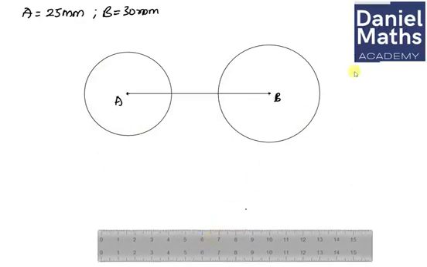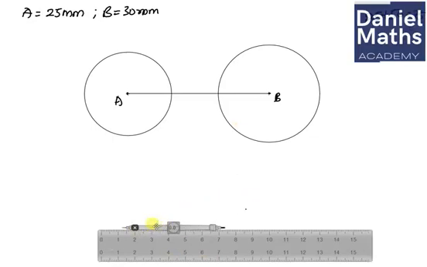I'm going to get my compass again and measure off the new distance that I have. You remember that we did 20 plus 50. What we did here was 25 plus 50, which gave us 75 millimeters. Now I'm going to measure 75 from here.